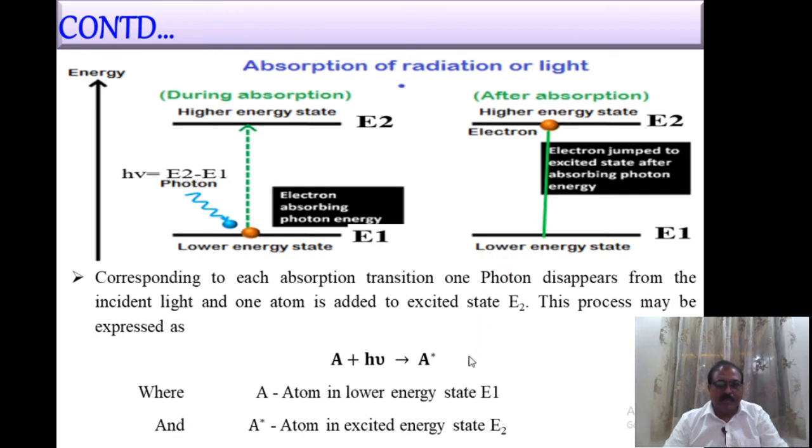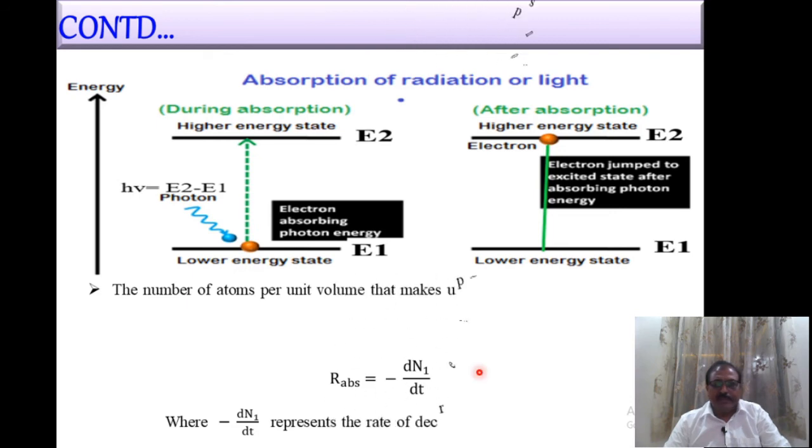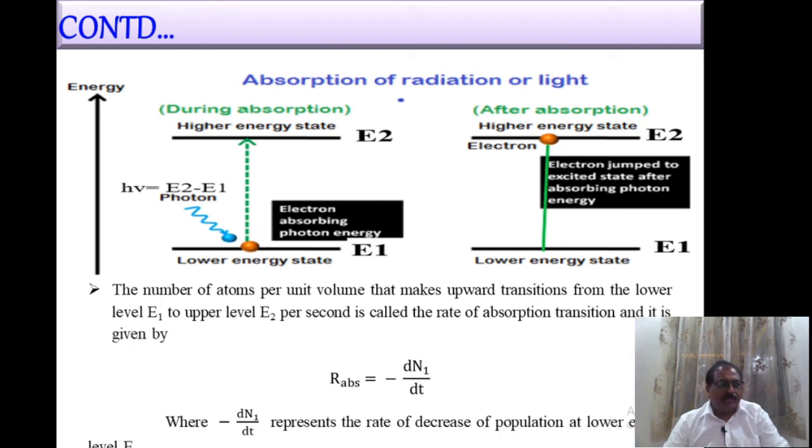This process is nothing but absorption. After the absorption, the number of atoms per unit volume that make an upward transition from the lower level E1 per second is called the rate of absorption transition, and it is given by R absorption equals minus dN1 upon dt, where N1 is the number of atoms per unit volume in the lower energy level.